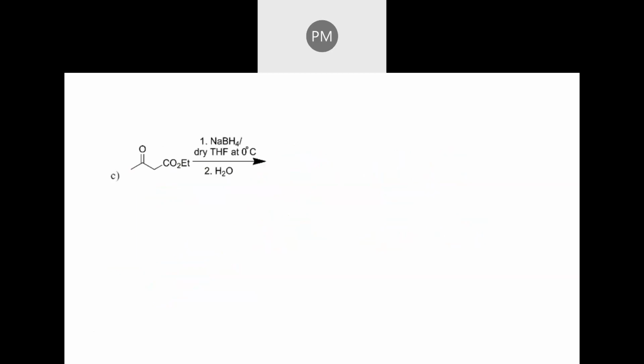Now the next example. Sodium borohydride and lithium aluminum hydride are generally hydride sources for reduction. Generally lithium aluminum hydride can reduce anything, but sodium borohydride only reduces ketones and aldehydes, not carboxylic acids and esters.